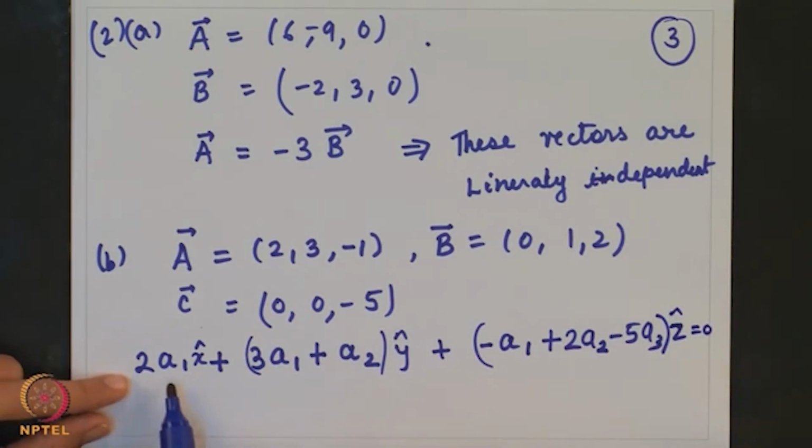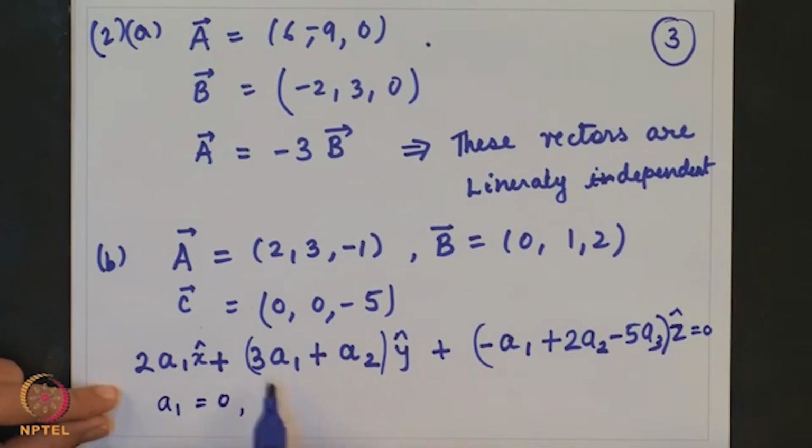Now, you have to equate each of these coefficients such that you can calculate the values of A, B and C. So, from here, if A1 is equal to 0, we can obtain A2, which is also equal to 0, and when you substitute for A1 and A2, this would imply that A3 is also 0.